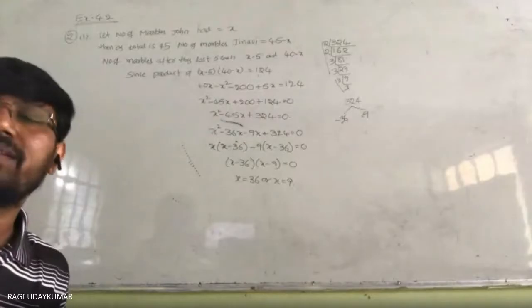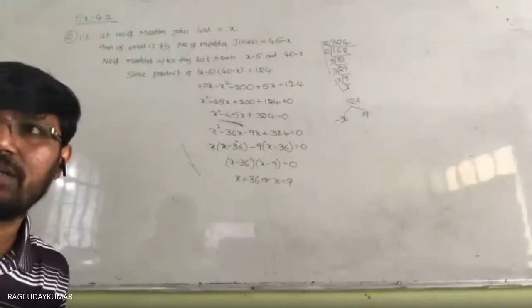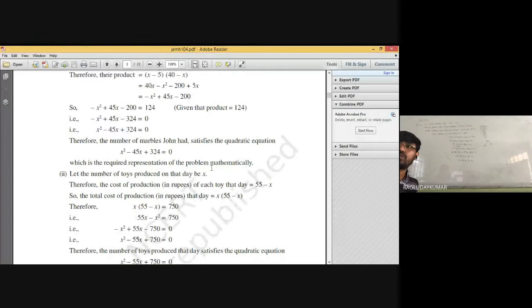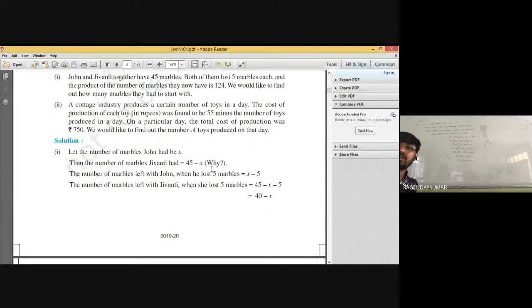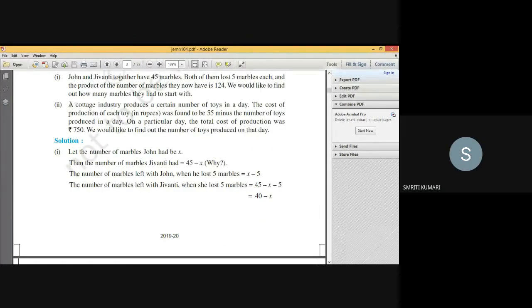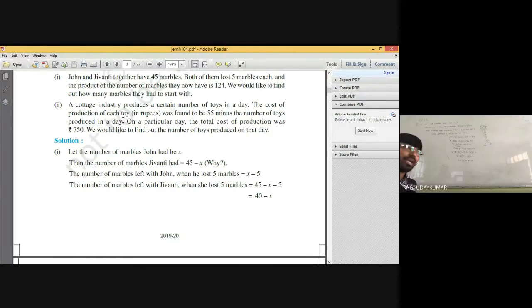Now, in that situation you are going to get two answers. Mainly it is given whether it should be positive or negative. If it is not given as positive or negative, both answers should be given.